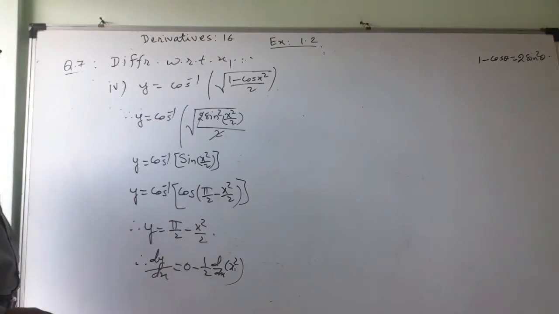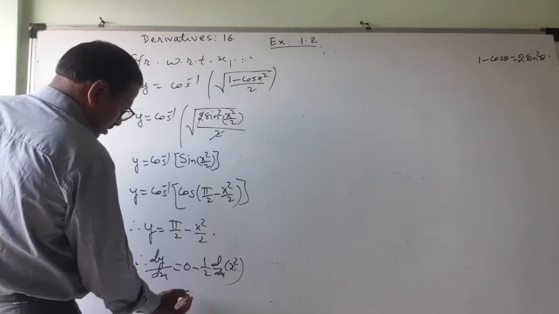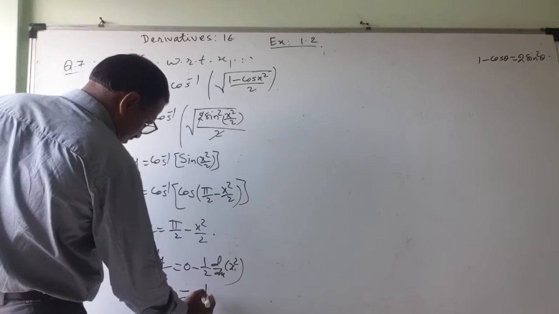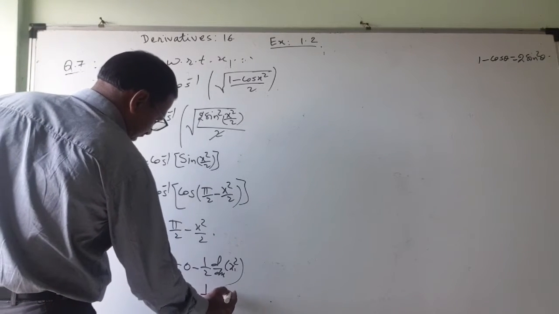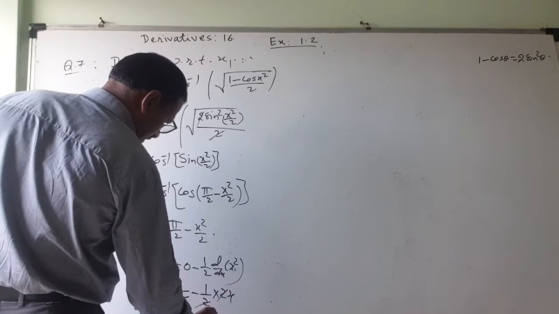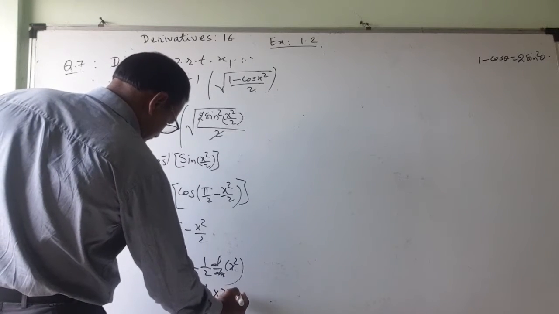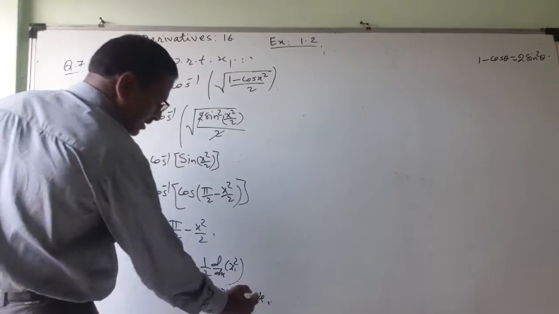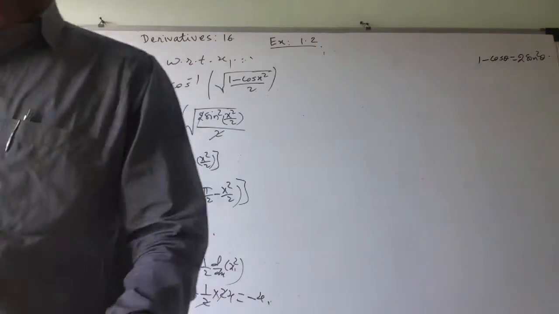The derivative of x square is 2x. So this is minus 1 upon 2 into 2x. The 2 gets cancelled, and that is equal to minus x, the derivative of this.